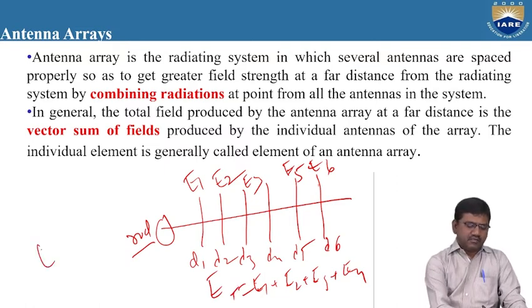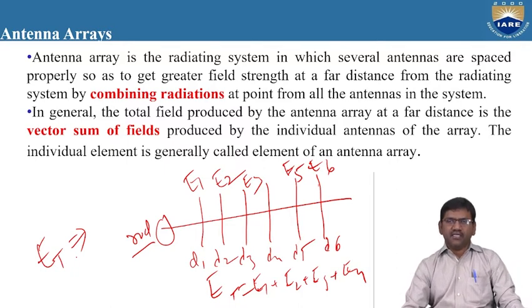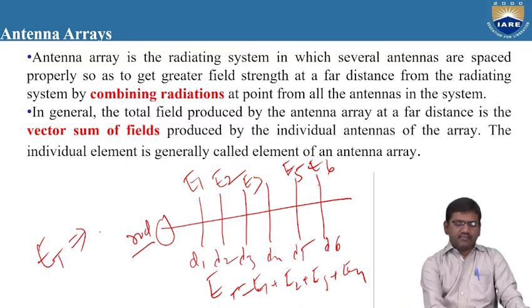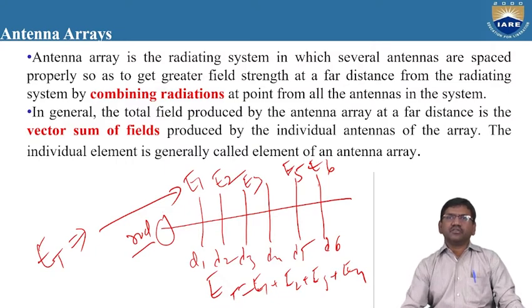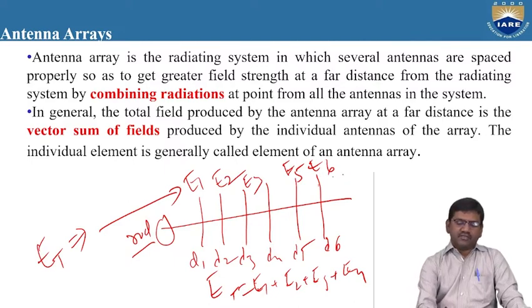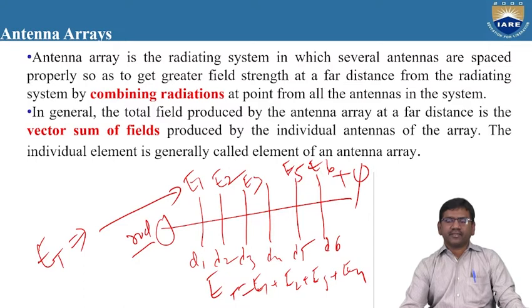So ET refers to the total field strength produced by the antenna array. It is given by the vector addition of the electric field strengths produced by the individual elements of the array. That is E1 plus E2 plus E3 plus E4 plus E5 plus E6, and there will be some phase difference produced by each of the individual elements.